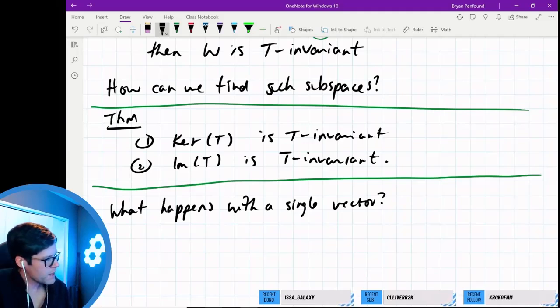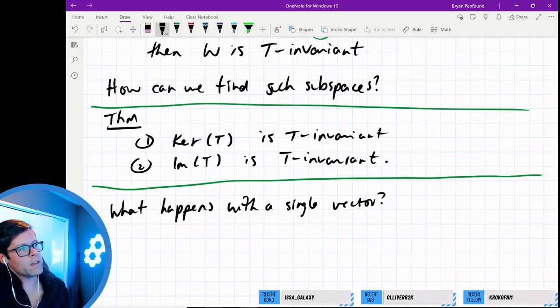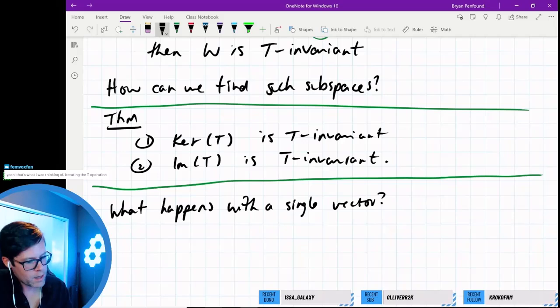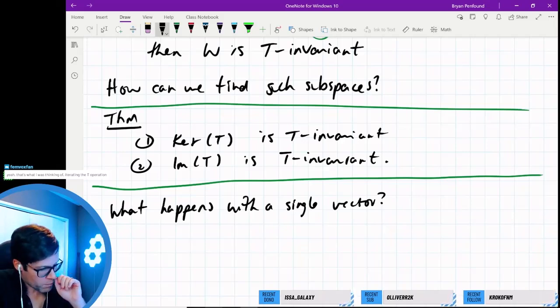I think we're going to go with an assumption here that these T-invariant subspaces will be subspaces, although I don't think that's something we can prove, at least I'm not going to be thinking too much about it right now. But will they be proper subspaces? Probably. I'm pretty sure that the T-invariant subspaces are subspaces in and of themselves, and we could probably prove it.